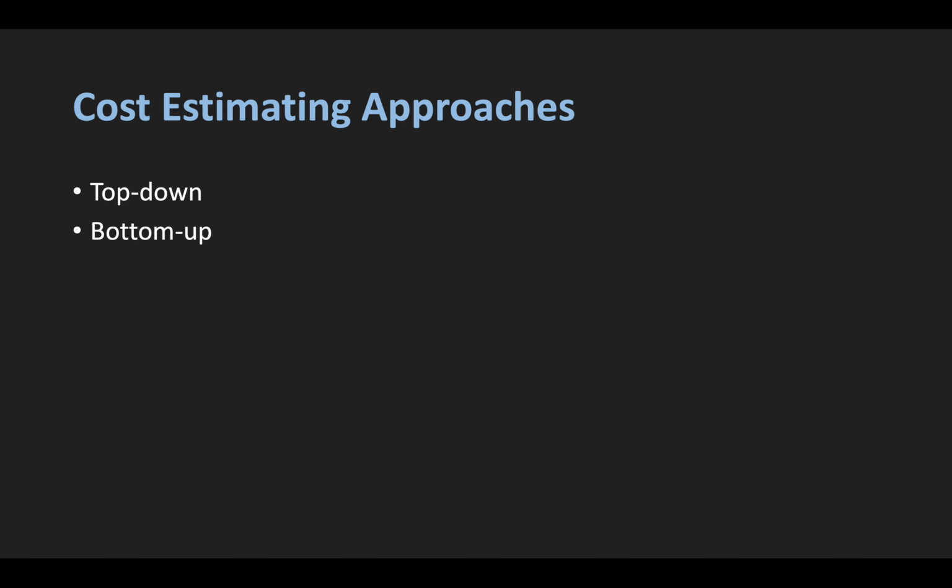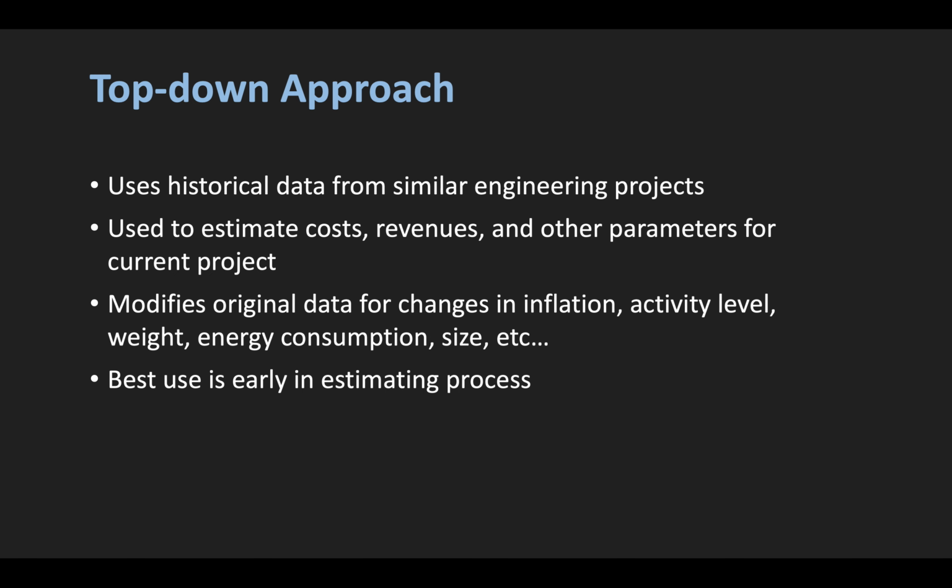So for cost estimating, right, there are really two approaches. One is top down, and the other is bottom up. The top down approach uses historical data from similar engineering projects.